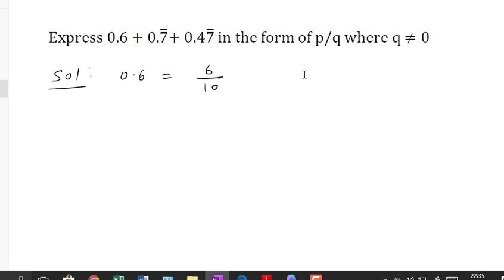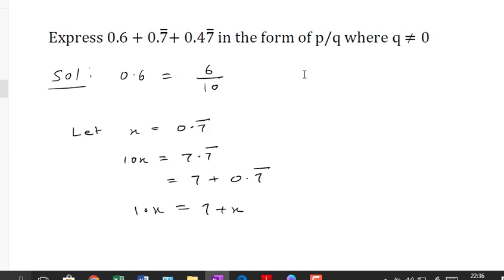Then for 0.7 bar we consider let x equal to 0.7 bar. Then if I find 10x, it will become 7.7 bar. 7.7 bar means 7 plus 0.7 bar. Now 0.7 bar is x, so our 10x is 7 plus x.